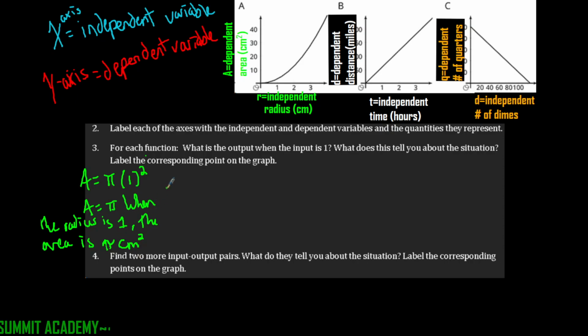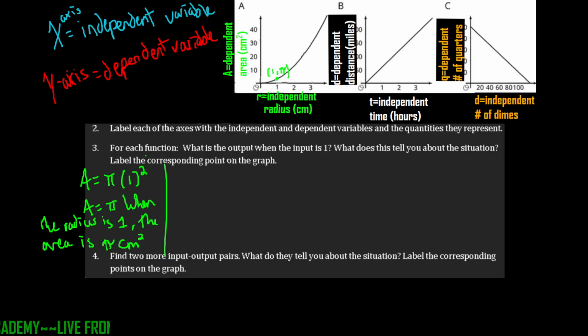Okay, so that's for that first one. Let me plot that point on the graph. Find the point 1 and go up, and it has to be on the line, so we can plot it right there. We'll say that's the point 1 comma pi.